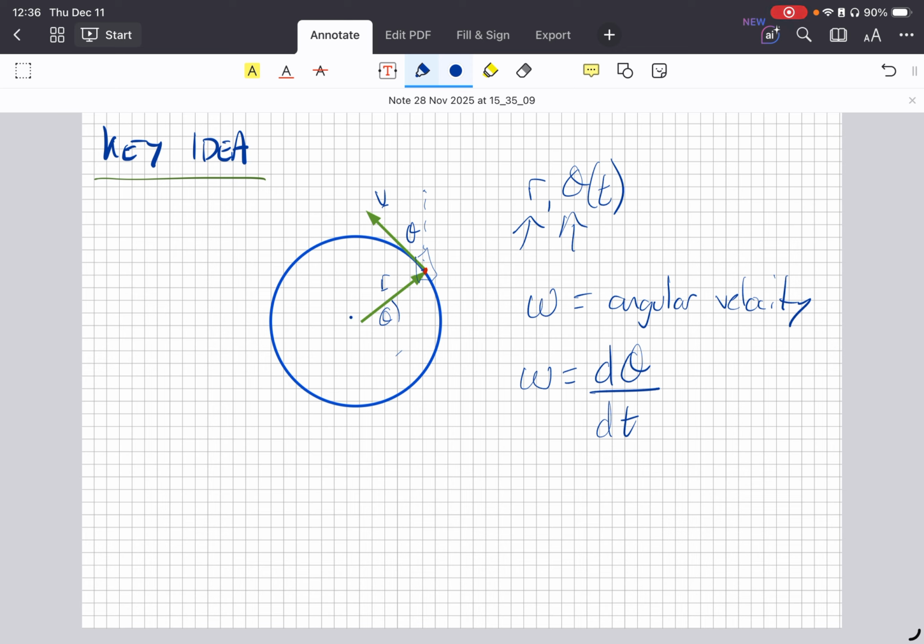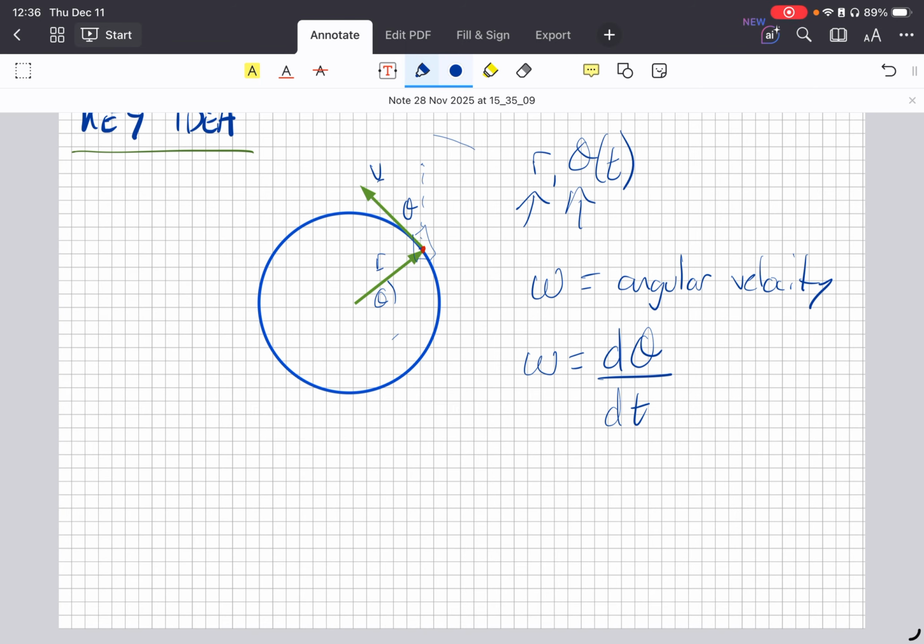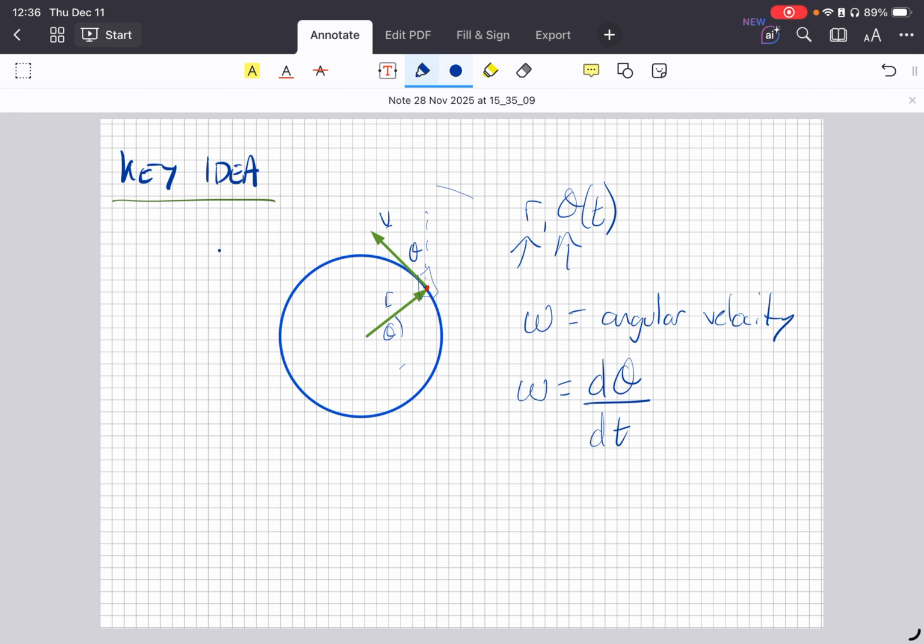But this is obviously going to be related to the linear velocity, which is essentially this v vector here, by virtue of the fact that both are changing as a function of time. If you think about what happens here, if you're very far out, so if you get further and further away from the center and you're still moving at the same angular rate, so you're covering the same angle in the same amount of time, then you're actually traveling much farther.